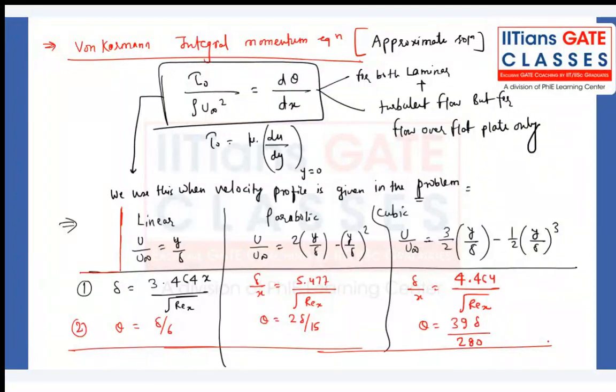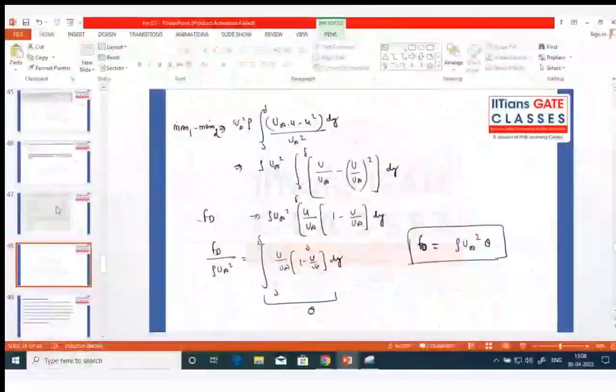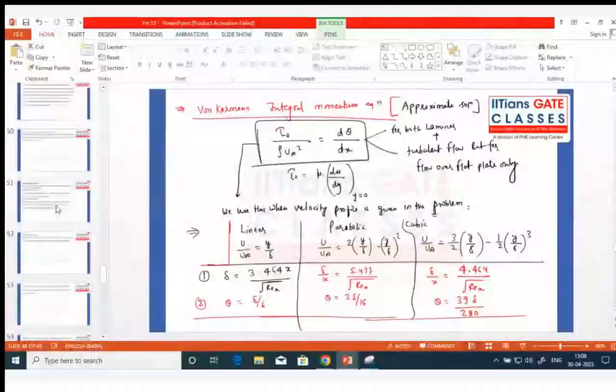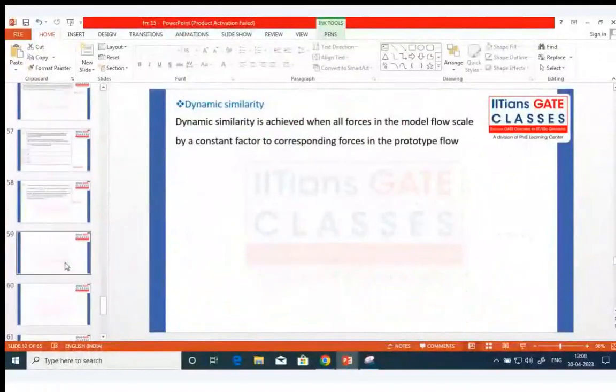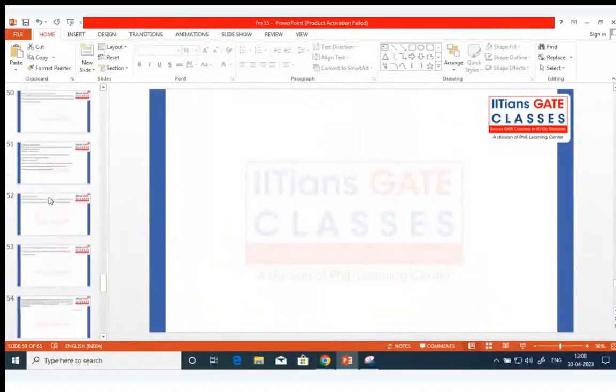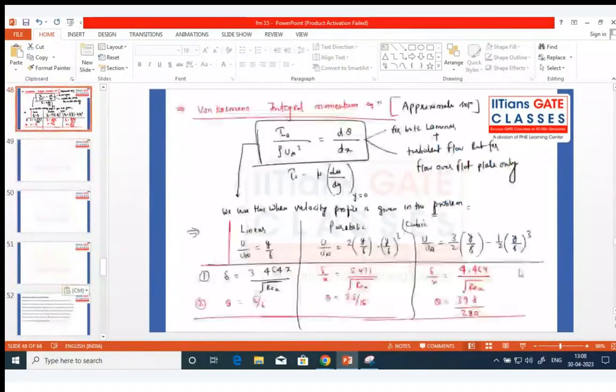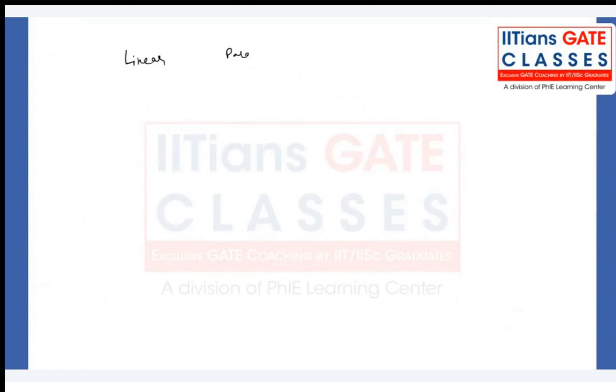Now, is it done for all? Sorry. Here you can write in the same way for the linear velocity profile, parabola, cubical.